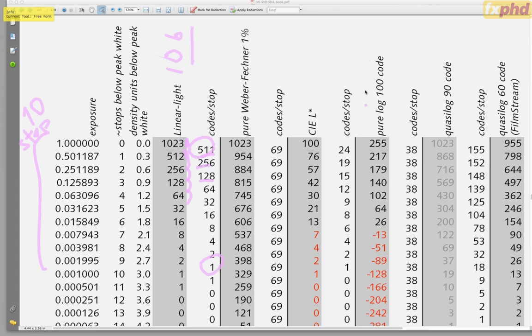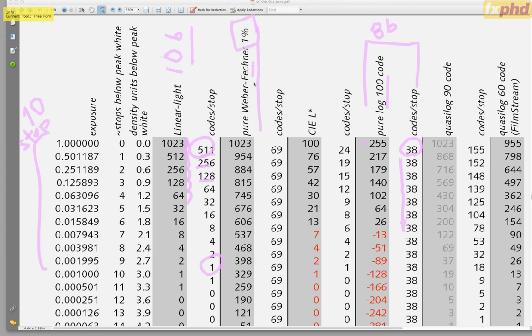Now, I've been telling you about pure log 100 coding. And for the sake of argument, in this example, I'm using 8-bit pure log. So I put 255 at the top of the scale. In pure log 100 coding, there's 38 codes in every stop all the way down. Now, that's not bad. However, in the last class, we talked about the 1% rule.